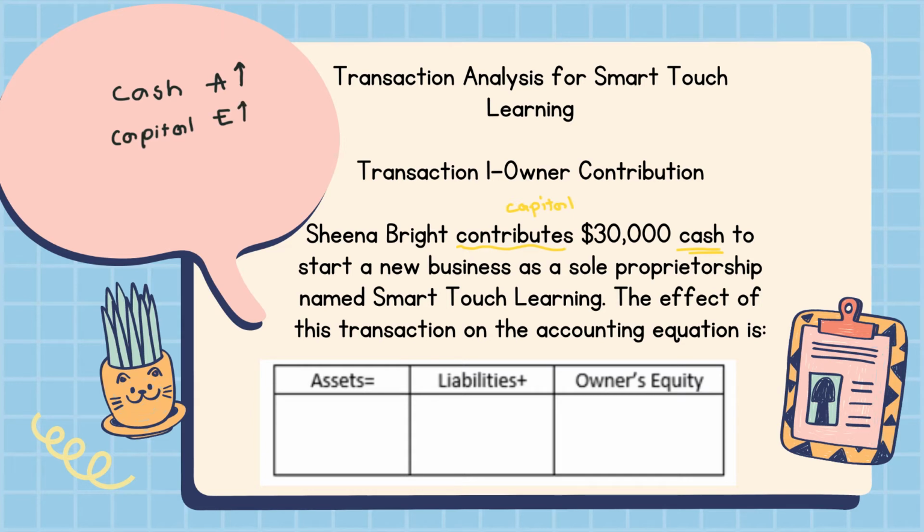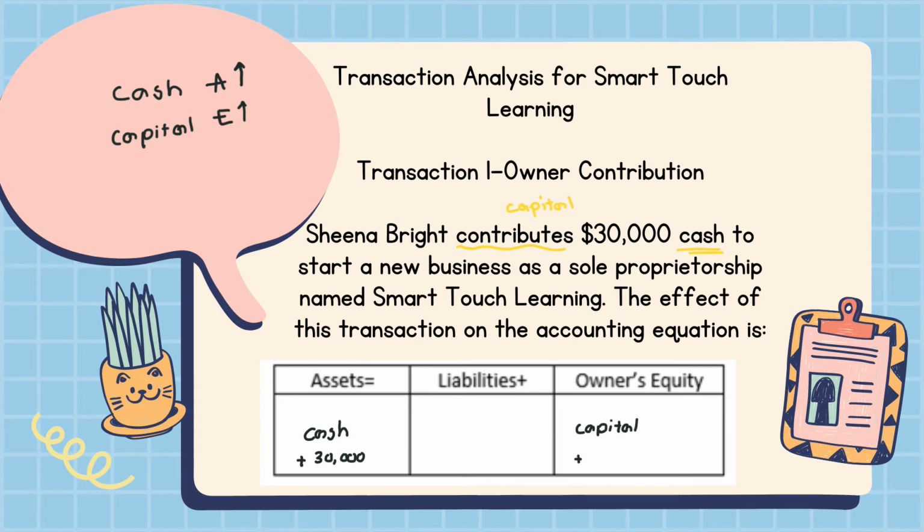So this is my accounting equation. Cash is under assets. So cash under assets, we said it increased. So plus 30,000 under cash. Then under equity we have capital. We said capital increases equity.